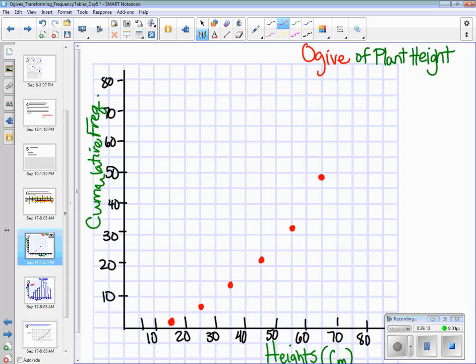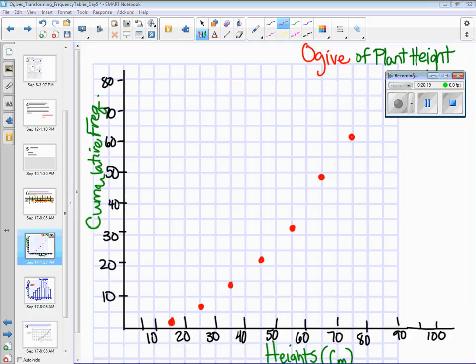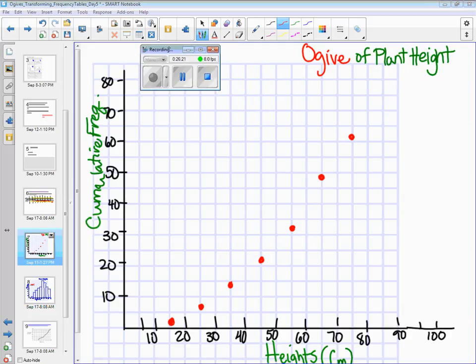Between 70 and 80, 62. 80 and 90. I'm sorry, was 70 what? 72. All right. And between 90 and 100, obviously we're at the 80. So I have these series of dots.